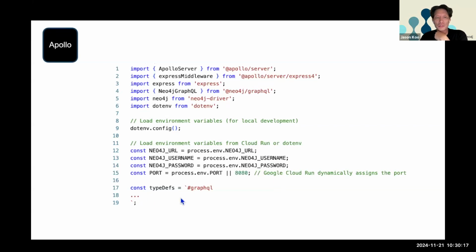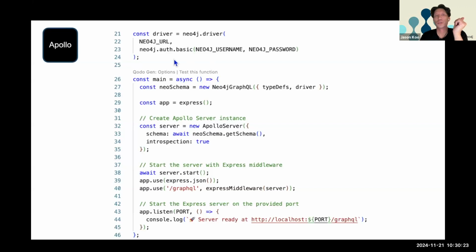Type definitions are then posted here as a constant. And then when we go below, we're going to instantiate the Neo4j driver, where we'll pass in the URL and the username and password. And if the connection is successful, when we run the main function, what we're going to do is grab the GraphQL schema from the database based on that type def and driver. Now, there is an option, should be also in one of the branches, where you don't have to pass the type definitions.